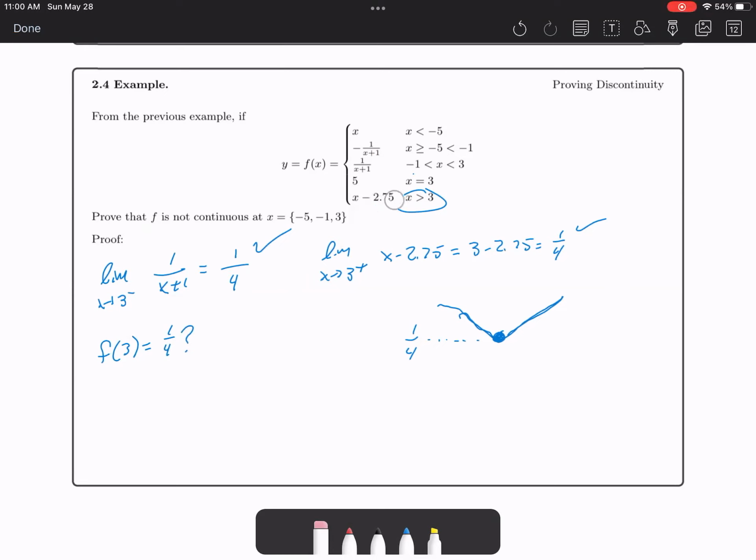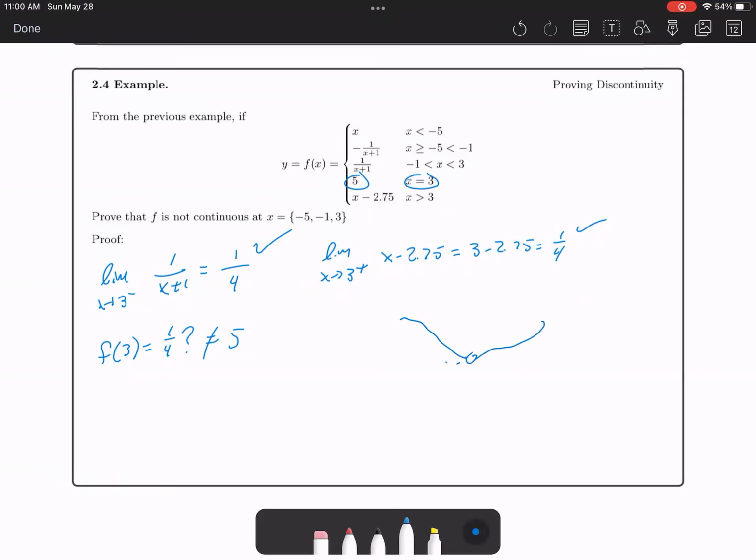Going up to your definition, when x is equal to 3, your function returns a value of 5. So 1/4 is not equal to 5. Even though your limit exists there, you approach the value 1/4, your actual function value is up here at 5. Therefore, it's discontinuous there as well.